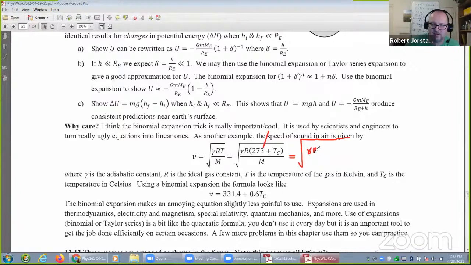You could say gamma R times 273 Kelvin, all over the mass of the air particles, molecular mass, times 1 plus the temperature in Celsius divided by 273 Kelvin, because a degree Kelvin and a degree Celsius are the same size. That works out. More on that in 162, raised to the 1/2.